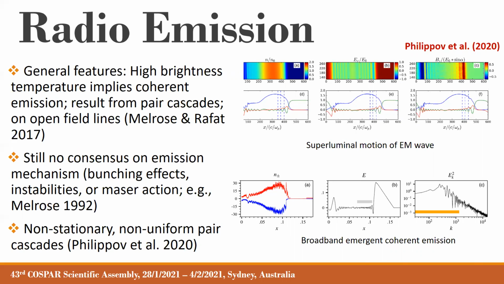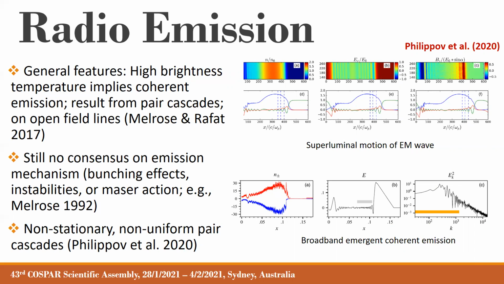A very recent development has been the paper by Philippov et al., where they studied non-stationary and non-uniform pair cascades. And they found that this led to a superluminal electromagnetic wave that can actually be identified maybe as radio emission because it's in the right range of energy and time scales, etc., seem to work out.